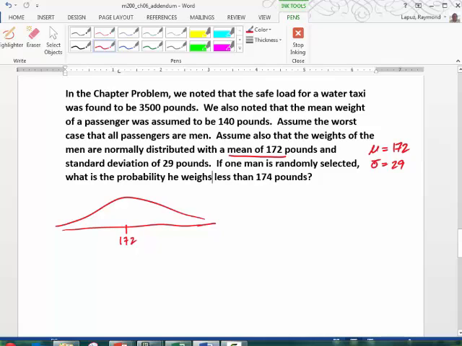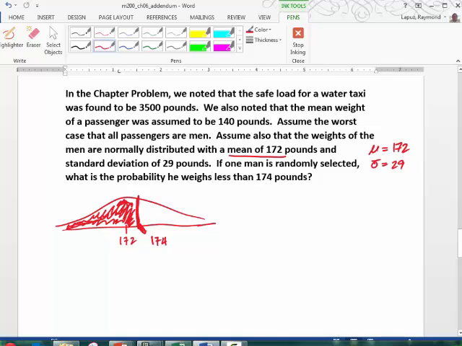So if one man is randomly selected, what's the probability he weighs less than 174? So 174 would be somewhere over here, a little bit greater, and we want less than that. By doing this graph, we're able to establish our minimum and our maximum values so that when we do the normal CDF, we get the low and the high.